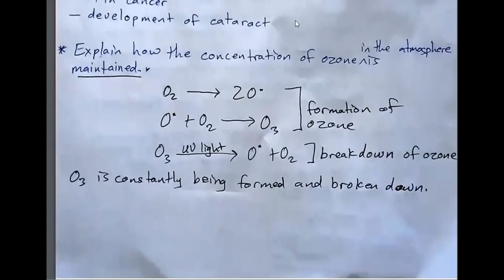Then, explain how the concentration of ozone in the atmosphere is maintained. Ozone can be produced and it can be broken down, right? As we showed above, these are the two equations to show the formation of ozone.